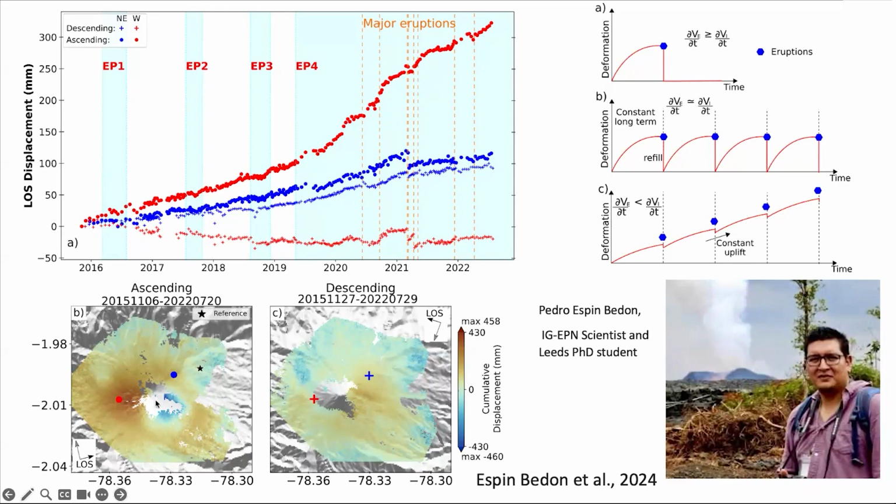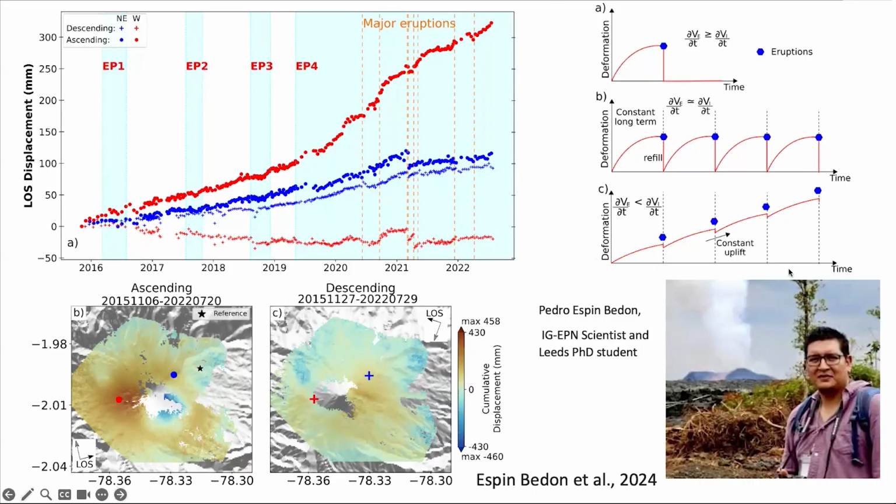And what we see at Sangay is not so much a refilling of the reservoir in between eruptions after complete emptying, but a continual accumulation of magma within the volcano's edifice in spite of the eruptions going on. So we tried to model this, represented by this time series here.